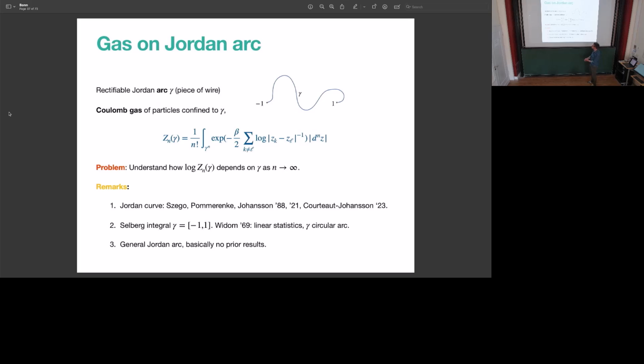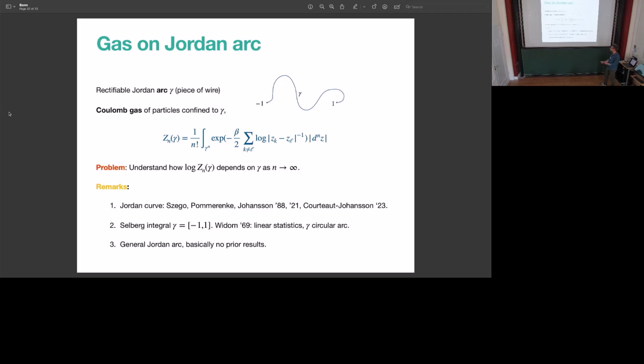There is an intermediate problem that I'm skipping over that I will return to, and that's the one of a Jordan curve. Why would you skip over that? In the case of a Jordan curve, in this context, there is a very long history.